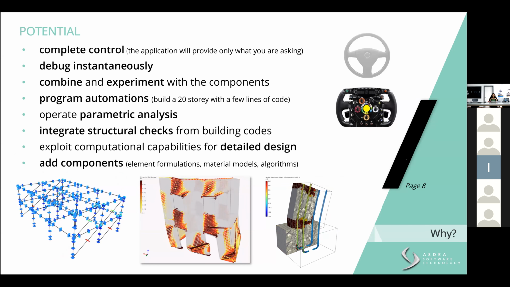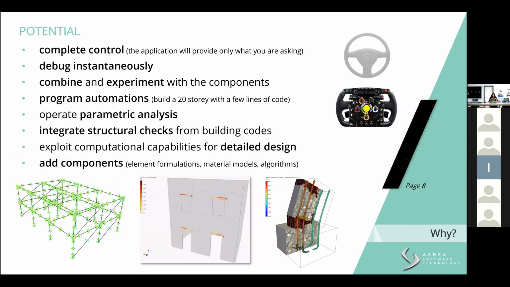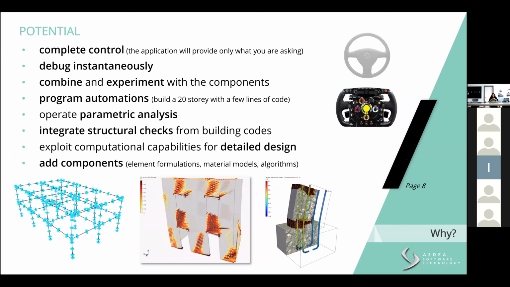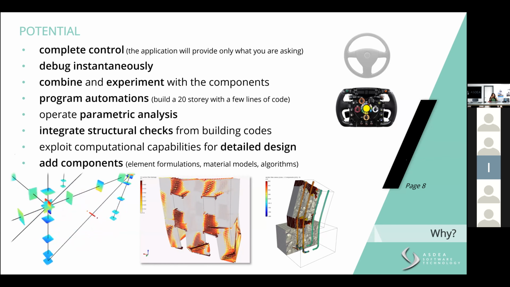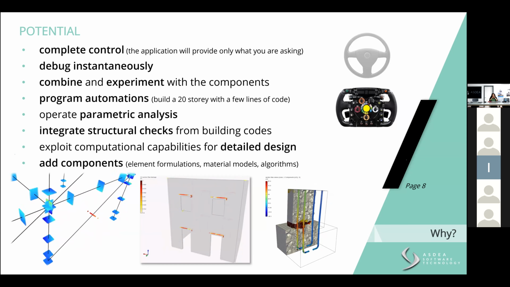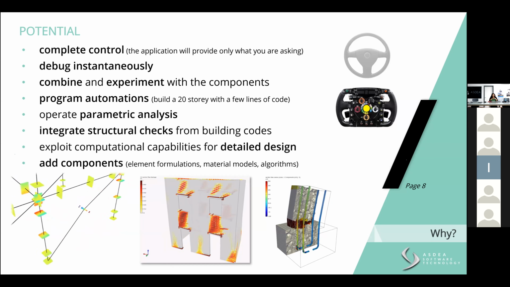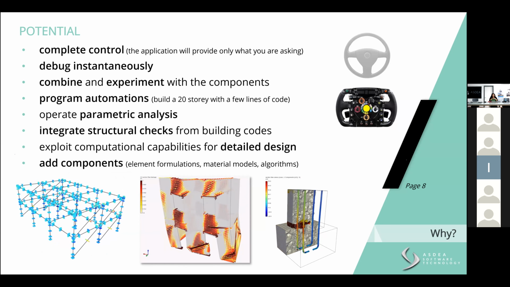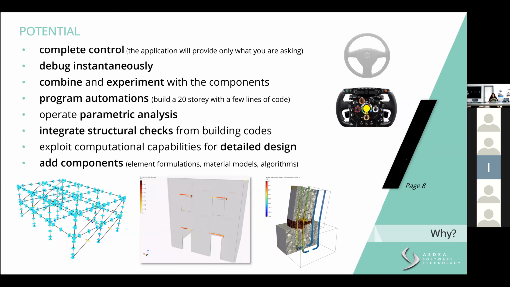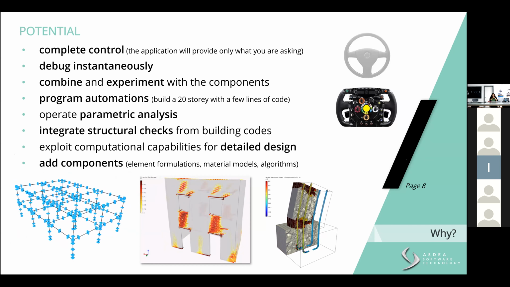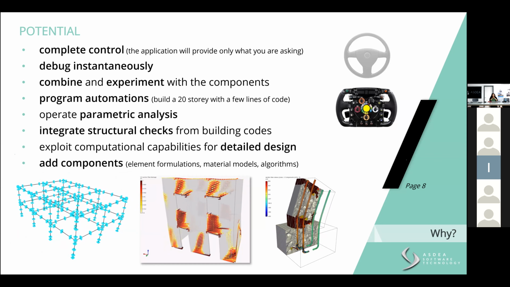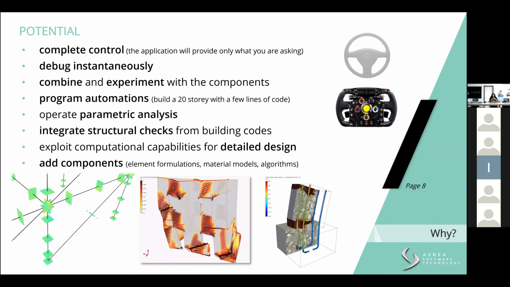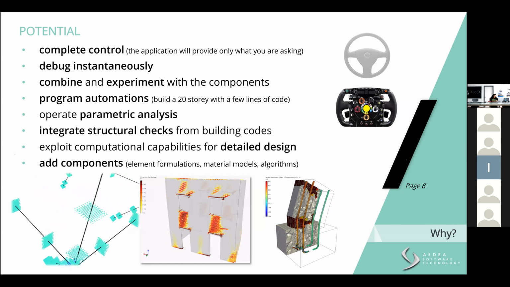You can integrate structural checks from building codes inside your software without having to copy and paste from other parts all the time. You can exploit full computational capabilities for detailed design, like the one you can see at the bottom center. And you can add new components that you code yourself: element formulations, material models, algorithms. With this kind of software, you have complete control of what you're doing. Rather than just driving your regular car, you are driving a Formula 1 car.